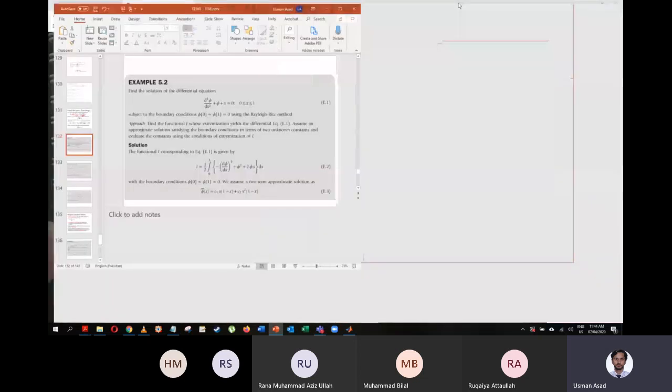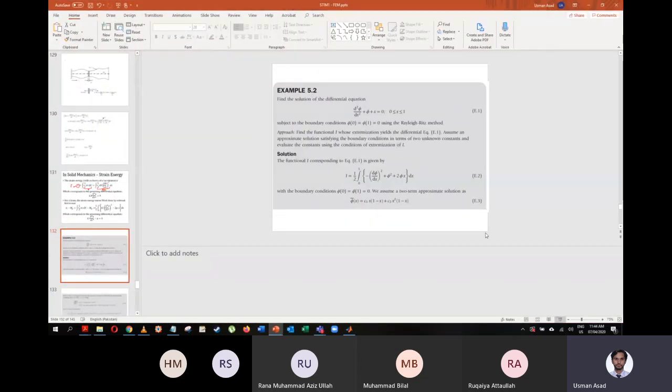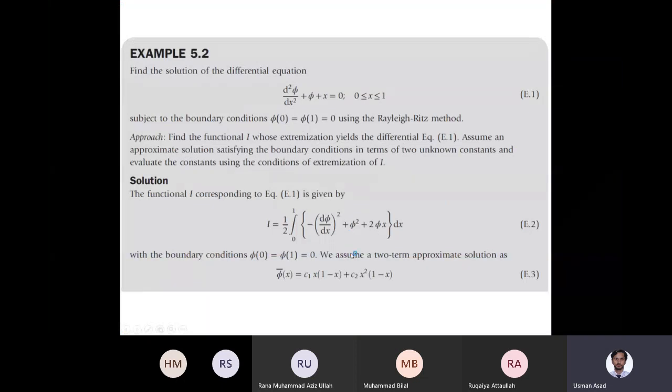Instead we should focus on this point, which we will use ahead, that you got two boundary conditions, that phi of 0 and phi of 1 are equal to 0, right? So we can assume, and this is what we are going to use in the so-called weighted residual methods, that a tentative solution of phi of x, which I don't know exactly what it will be, could be in this form.